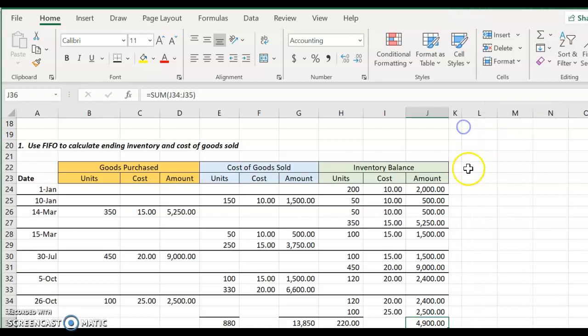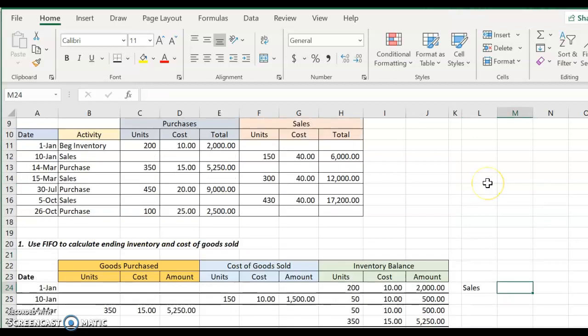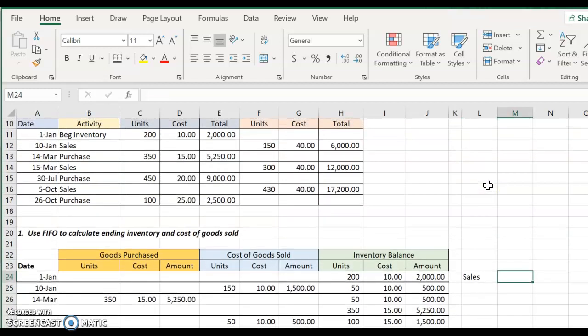So over here, if I just brought in what are my sales? My sales are up here. I had 150, 450, 880 at $40, all the same sales price.